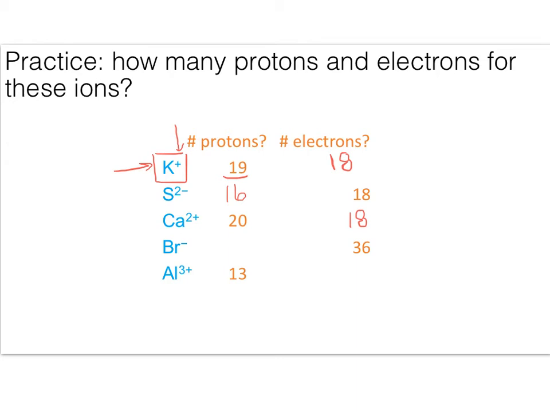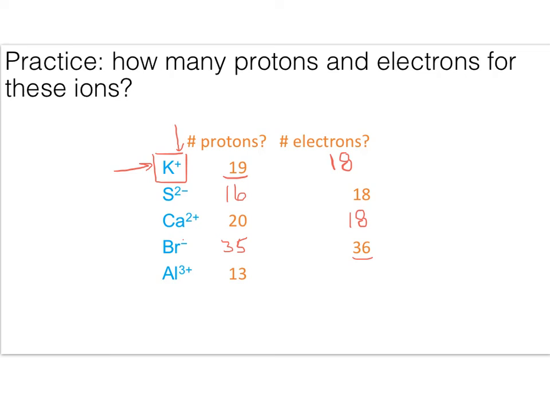And if we have Br minus, this is telling us that we have one too many negatively charged subatomic particles to make a neutral species. If we have 36 electrons, we should only have 35 positively charged protons in our nucleus. 36 negative electrons and 35 positive give us that 1 negative bromide anion.